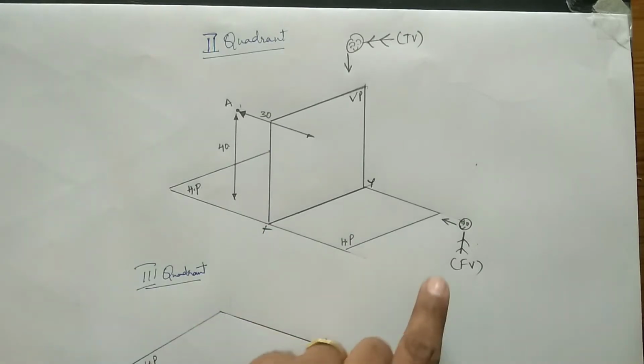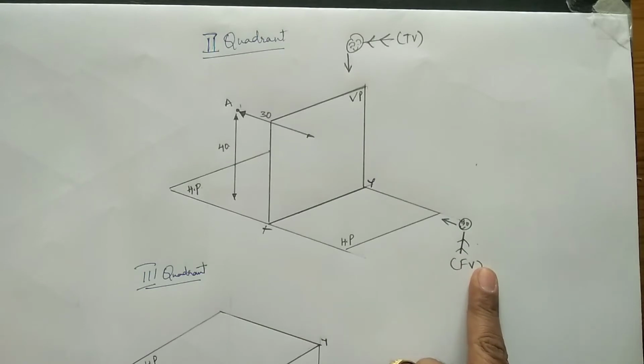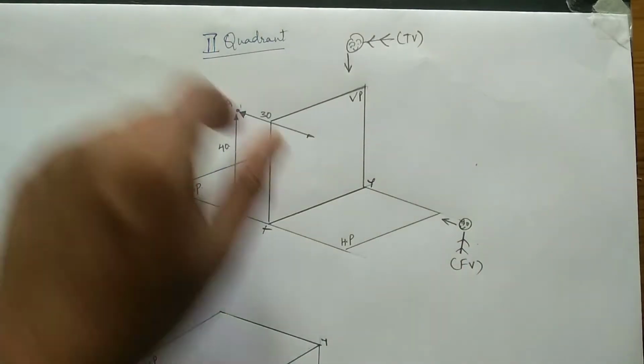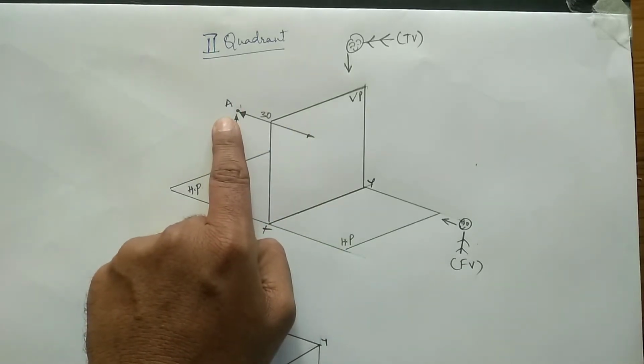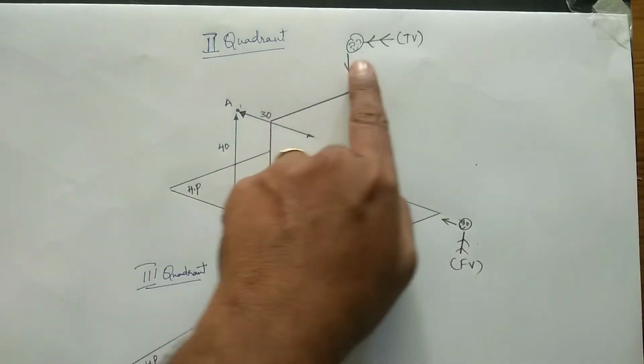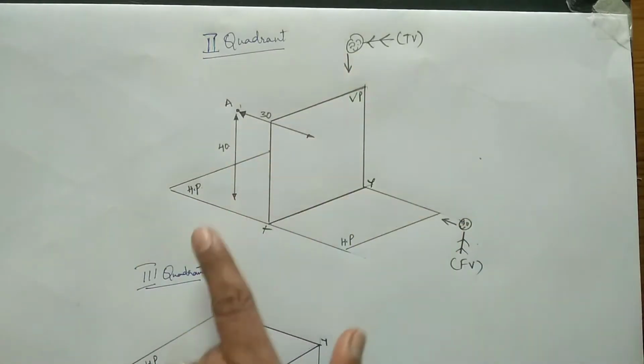Coming to this point, from this position, the position of the point A is behind the vertical plane. It is behind the vertical plane, and from the top view visualization, it is above HP.